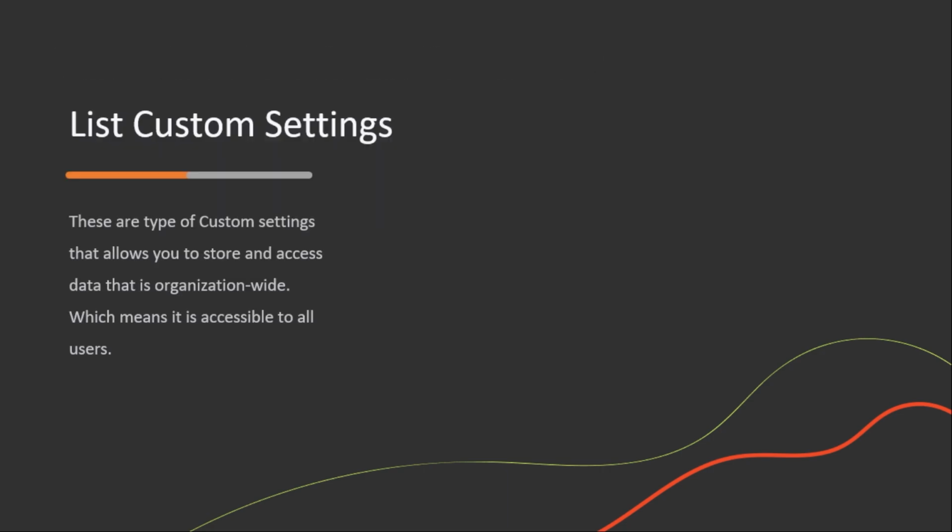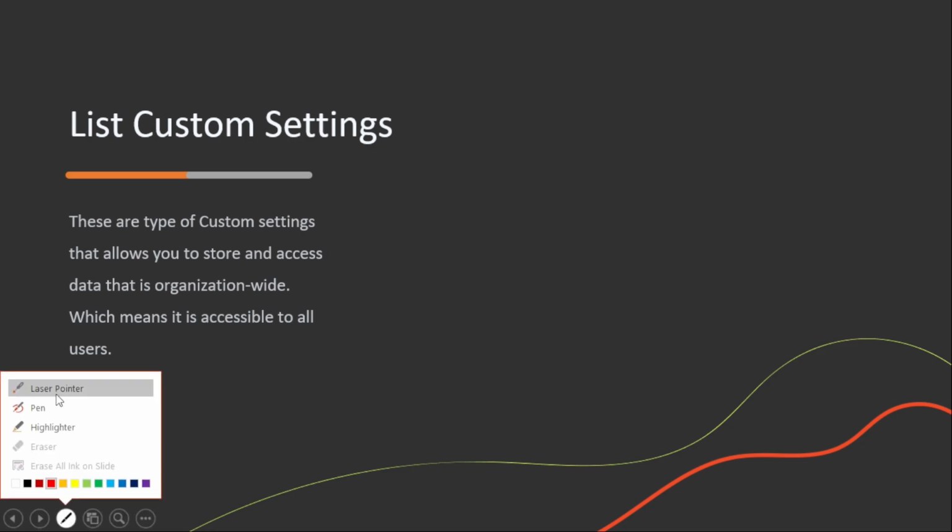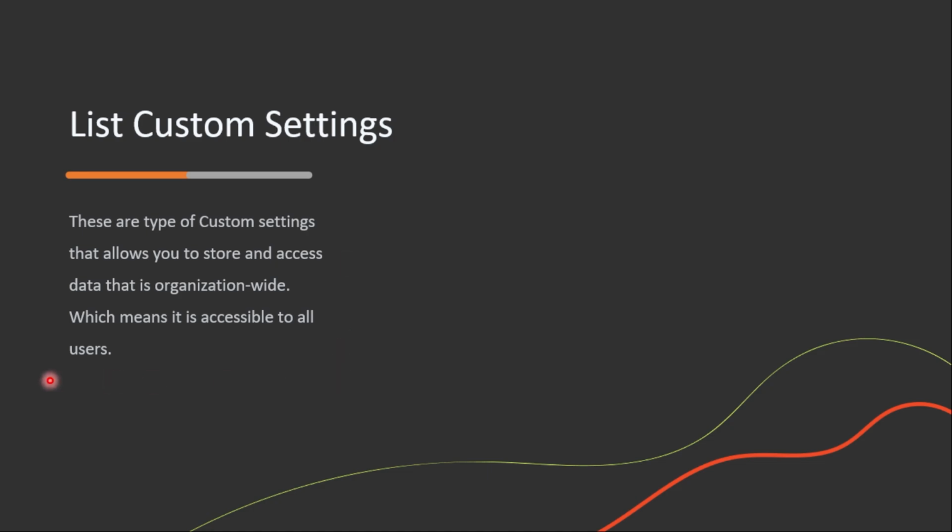So we'll understand it in a more clear way. Before going ahead, it means that any custom settings that we create can be accessed by any user, no matter what the profile of that user is. It would be the same for every user in the org.